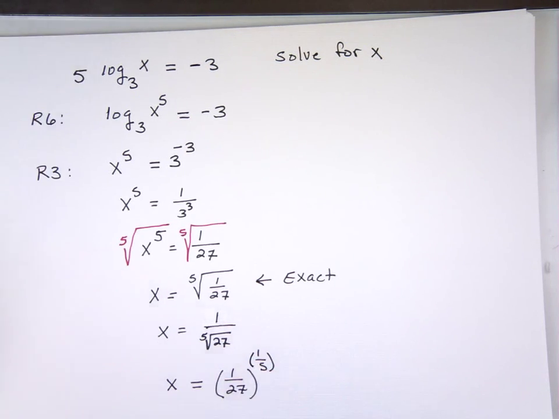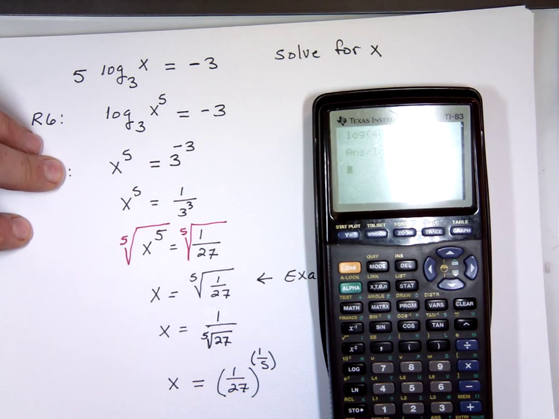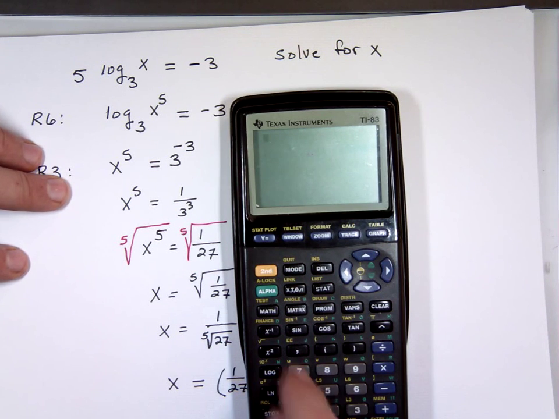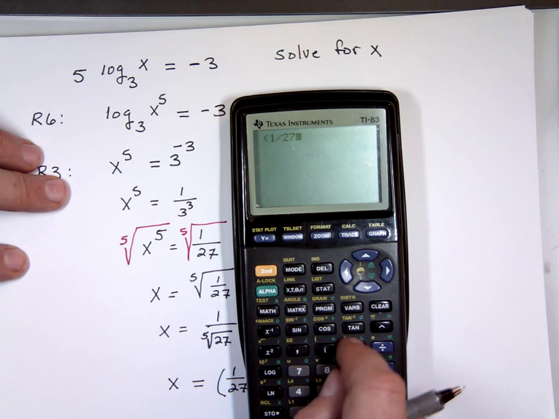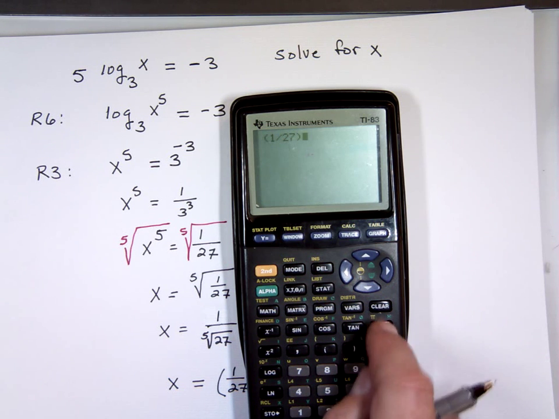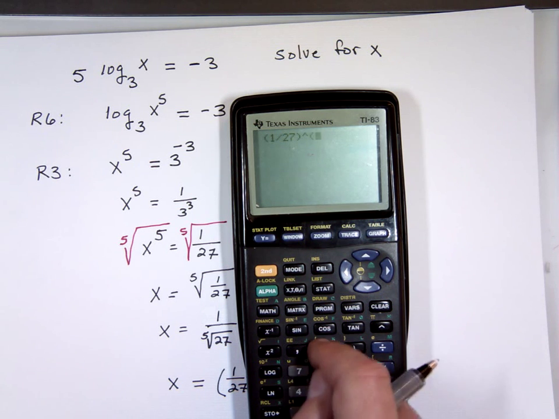So here's my calculator. Watch what I'm going to do. Clear. Can you see it on the screen? Parentheses, 1 divided by 27, to the power. Where's the power key? And the power is 1/5, right? Make sure it's in parentheses: 1 divided by 5.